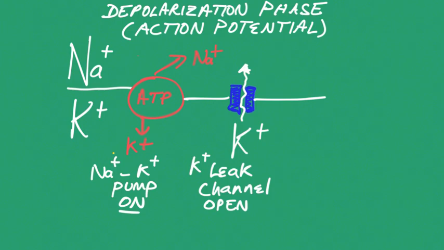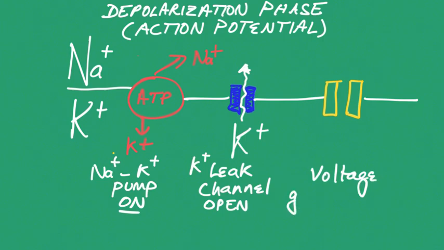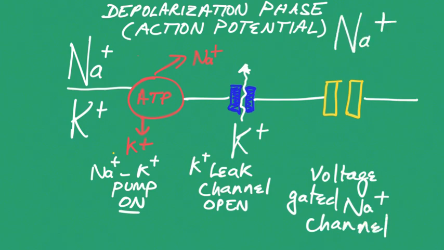The potassium leak channel that is shown in blue is also functional, allowing very small quantities of potassium to leave the cell. What we have here in yellow is the voltage-gated sodium channel, which triggers the depolarization phase of the action potential. During this phase, these channels are open and sodium rushes in, bringing positive charges into the cell and causing the depolarization.